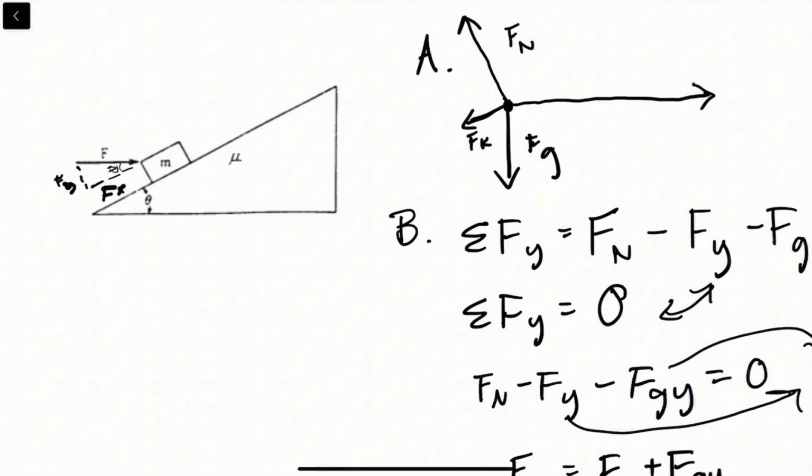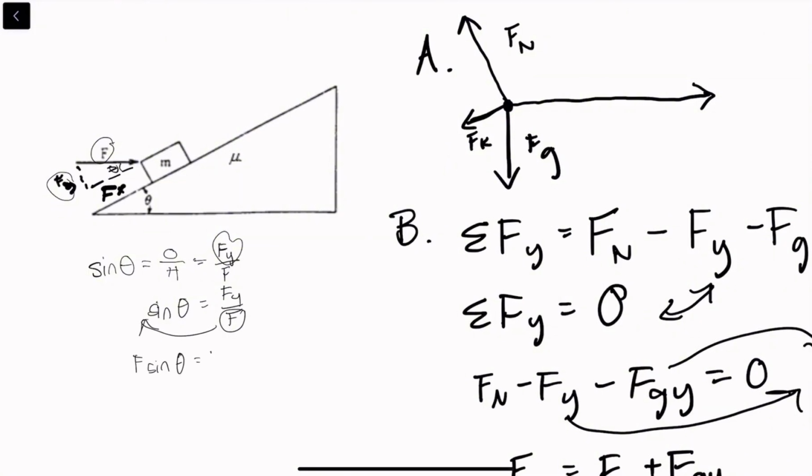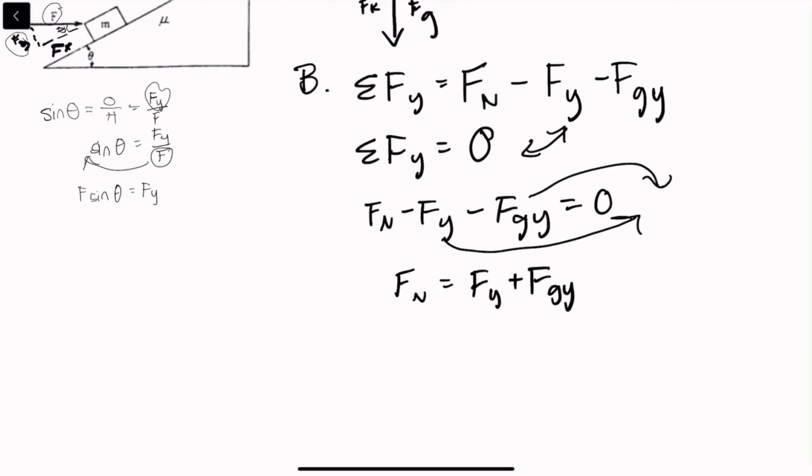Call that theta. And we know that sine of theta is equal to opposite over hypotenuse. The opposite component is Fy, and the hypotenuse is force. So we want to solve for Fy. So what we would do is multiply F over to the top. So we can just plug that in for Fy.